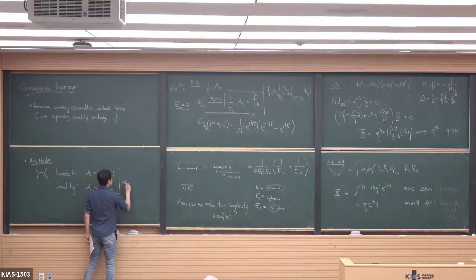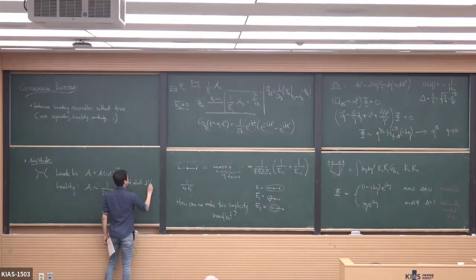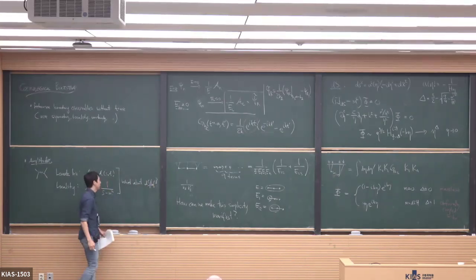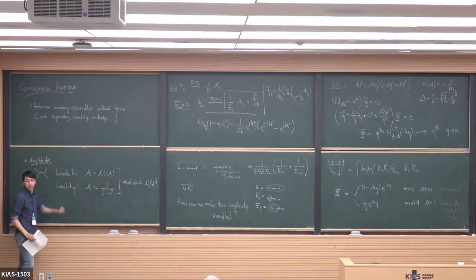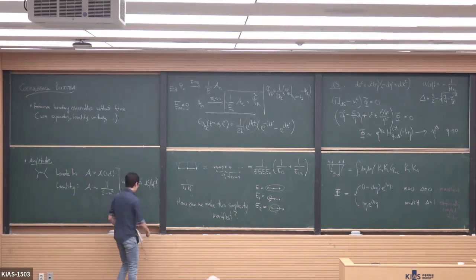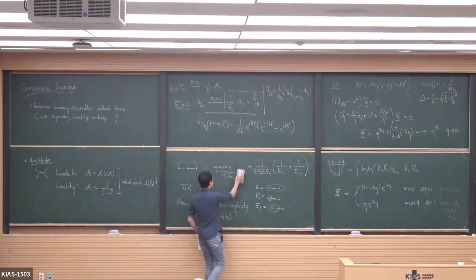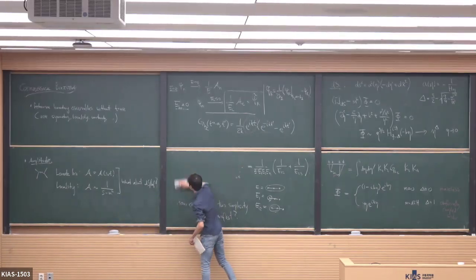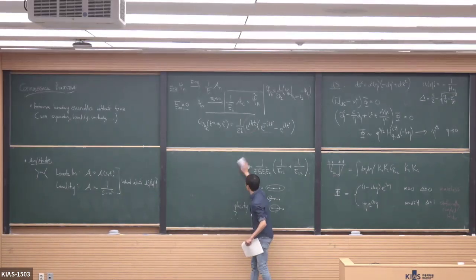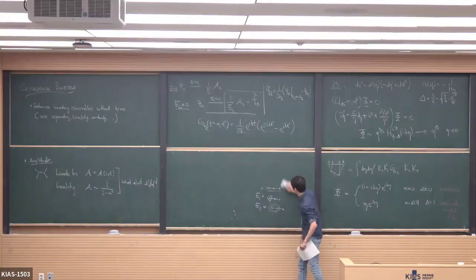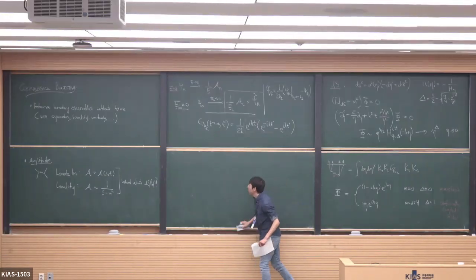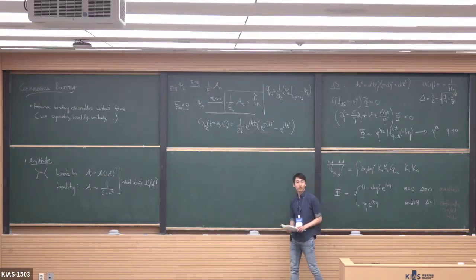Now, the question is, what about de Sitter and inflation? Okay, what are the corresponding constraints when you go to de Sitter or near de Sitter that describe inflation? Any questions so far?